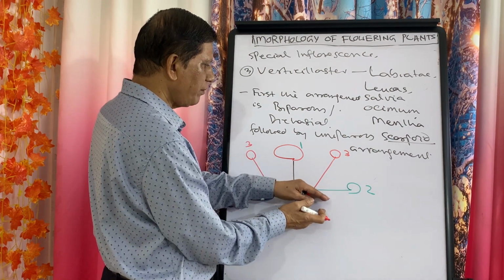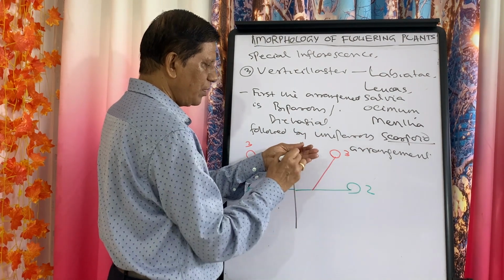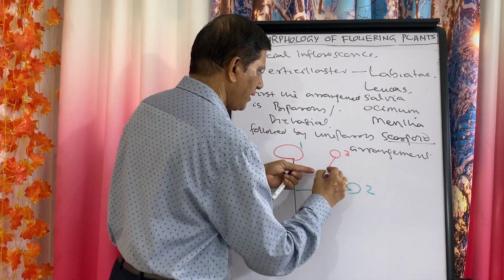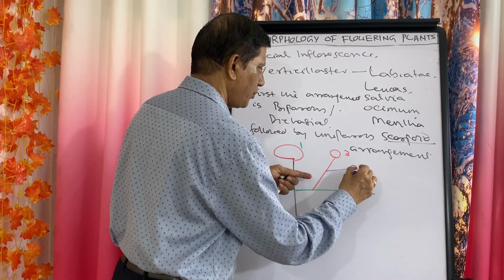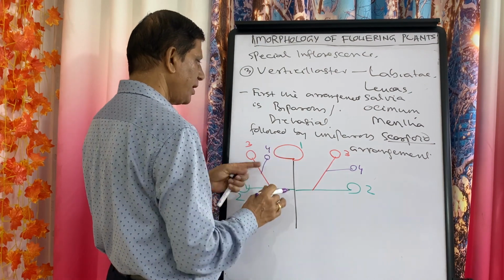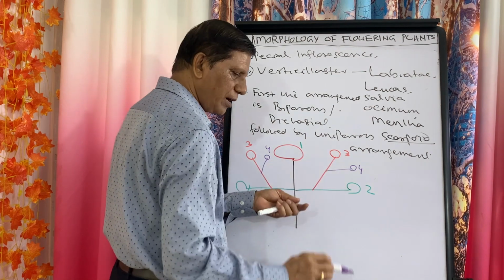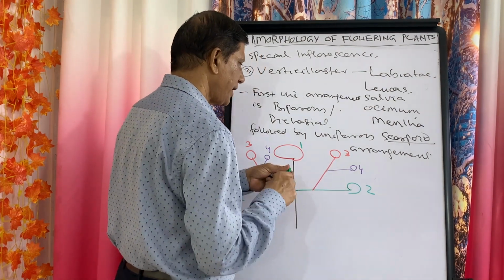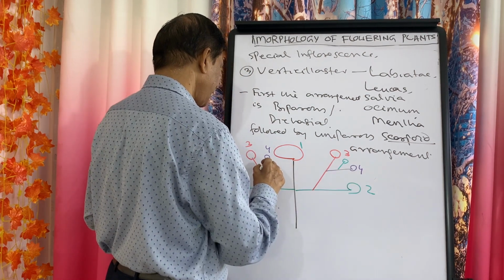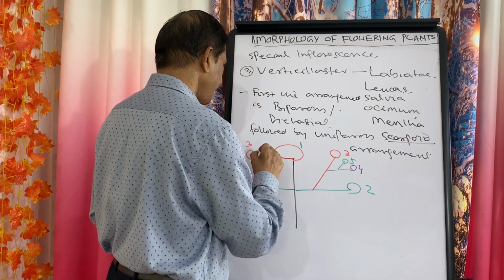So here it has come from the left side of the second flower. Now the fourth flower will come from the right side. This is the fourth flower. If the fifth flower comes, then again it will come on the left side. This is the fifth flower.